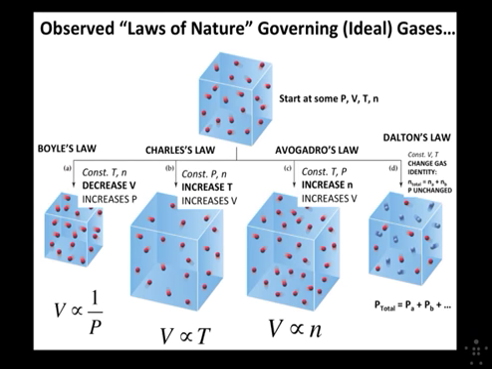And so there's a nice slide that summarizes this information as well. If we put all of this together, we see that volume is proportional to number of moles and temperature, and inversely proportional to pressure. If we want to make this an equality, V equals something, we just need a constant.